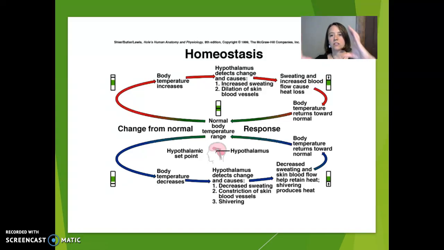Constriction of skin blood vessels, so that means the blood vessels are getting smaller, so there's less blood flowing through the blood vessels and you're losing less heat from that. And then shivering, we know, is when the small muscles are moving, and that creates heat itself. So that brings the body temperature back up towards normal and keeps it in homeostasis.